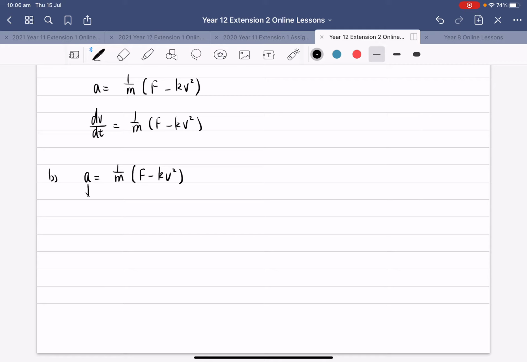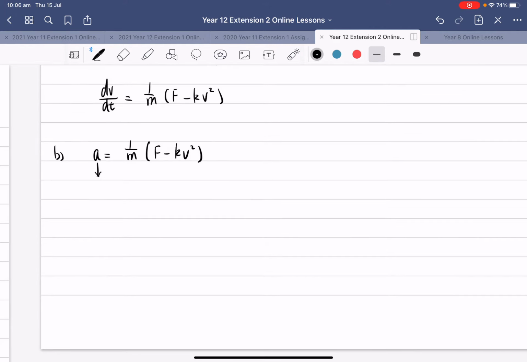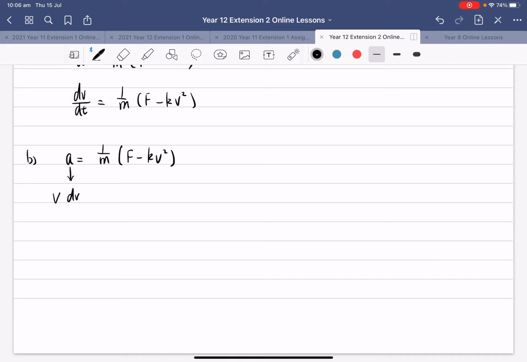We need to change this a into something that has velocity and displacement attached. So that is v dv over dx, which is equal to 1 over m bracket F minus kV squared. Then what you can do is divide both sides by the velocity. So that gives you dv over dx equals F minus kV squared over mv.